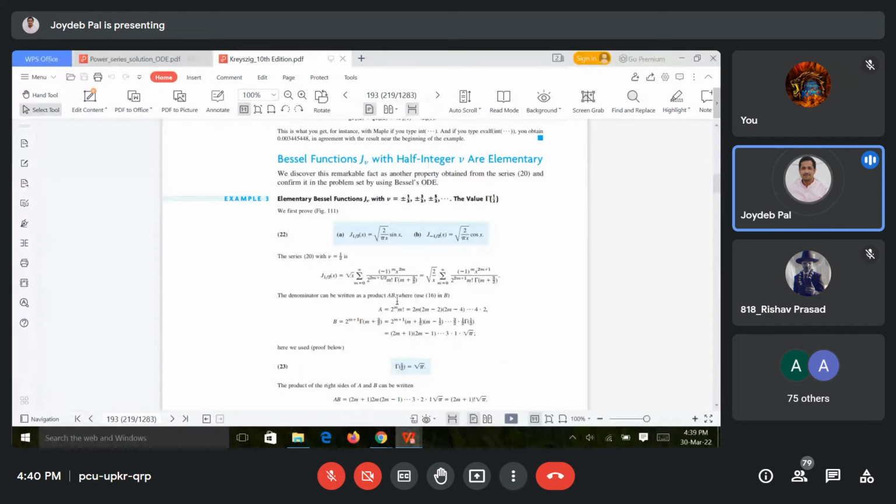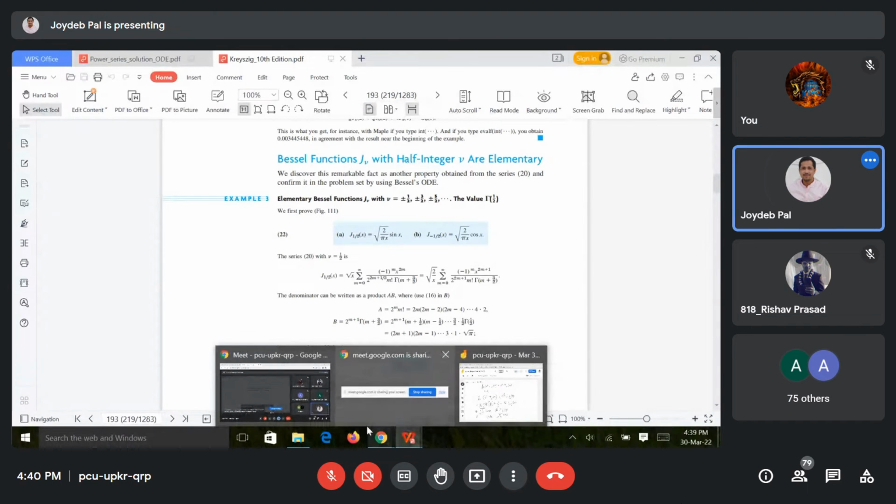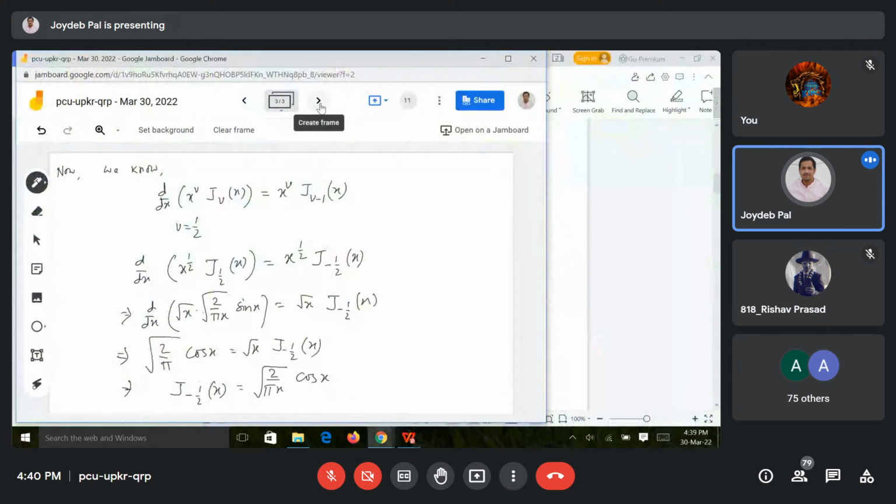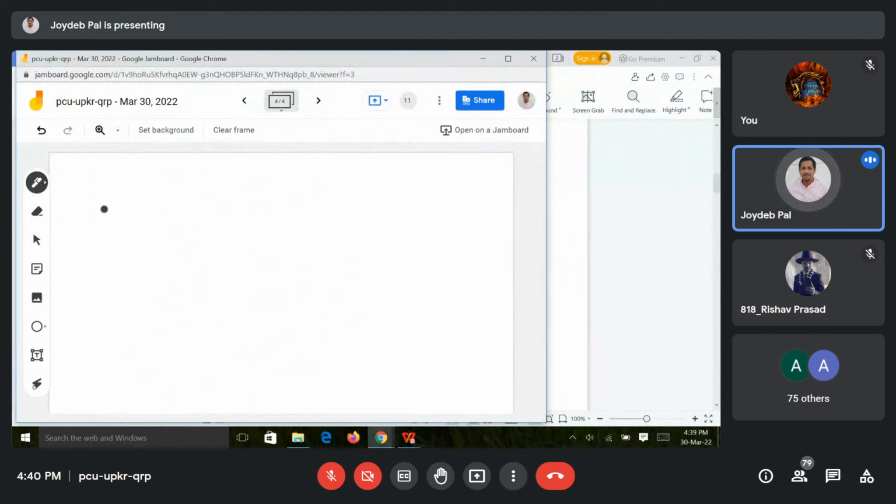Fine. Now by using this J half and J minus half, someone can ask what will be J of 3 by 2, J of 3 by 2 x or J of minus 3 by 2 x. By using J half and J minus half, you can find J 3 by 2, J minus 3 by 2.